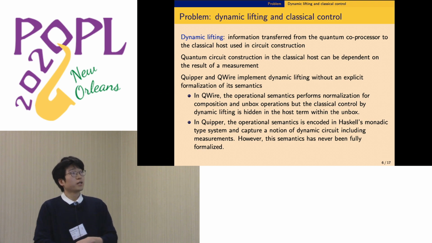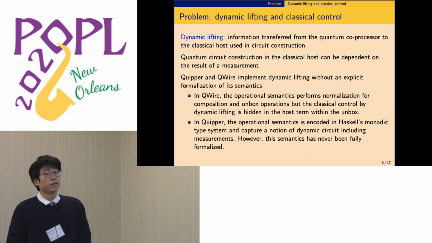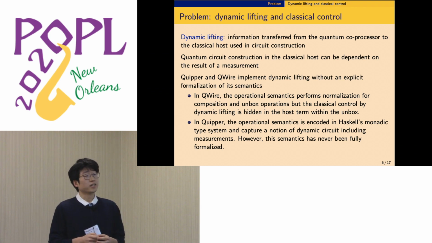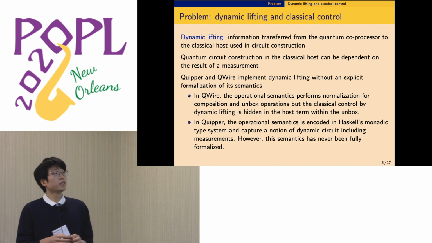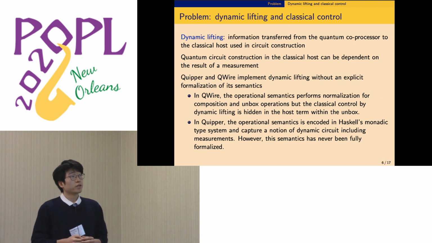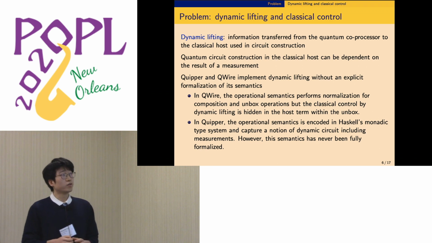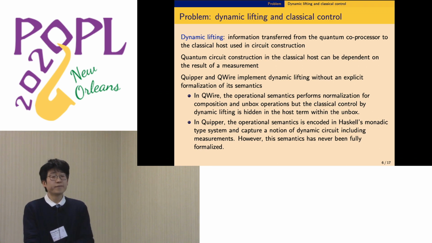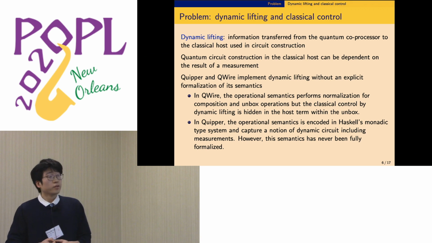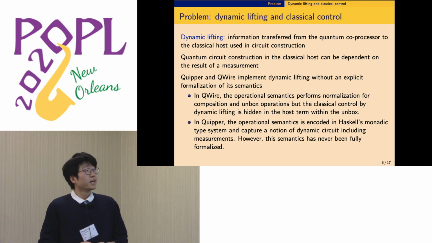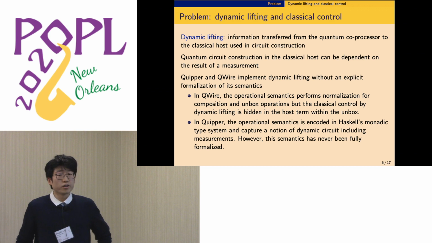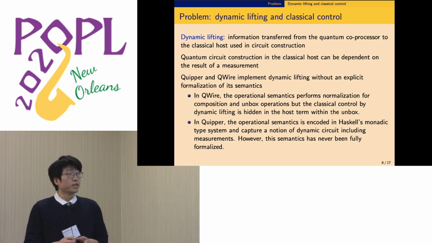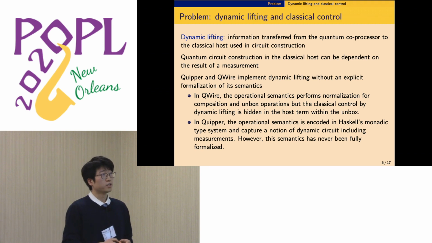First, dynamic lifting is information transfer from the quantum coprocessor to the classical host, which is used in quantum circuit construction. And now quantum circuit construction can be dependent on the result of measurement. So, Quipper and Qwire also implement dynamic lifting, but they don't give an explicit formalization of the semantics.